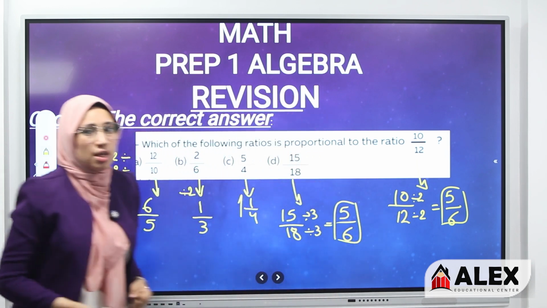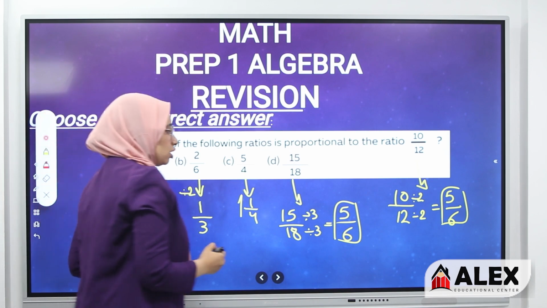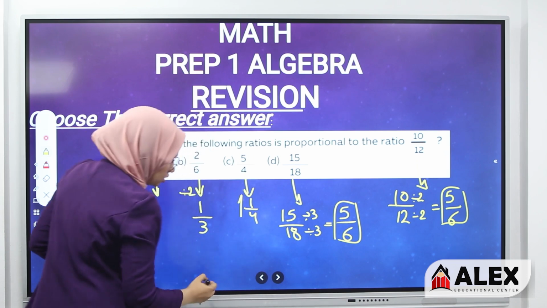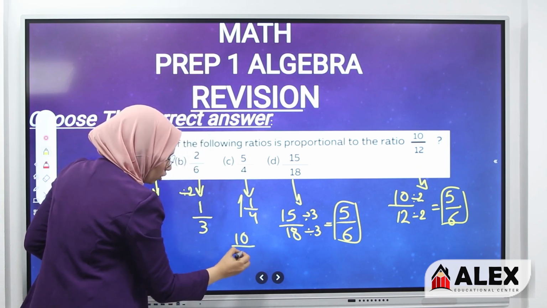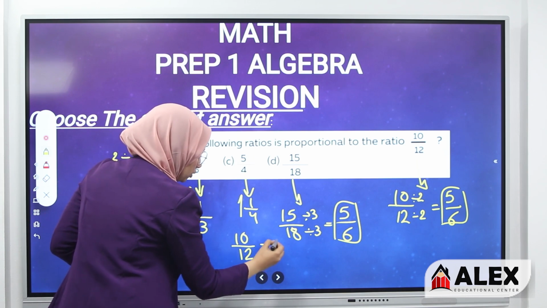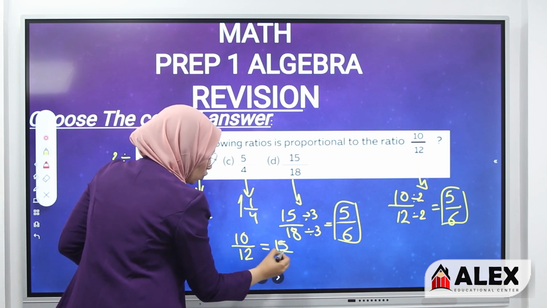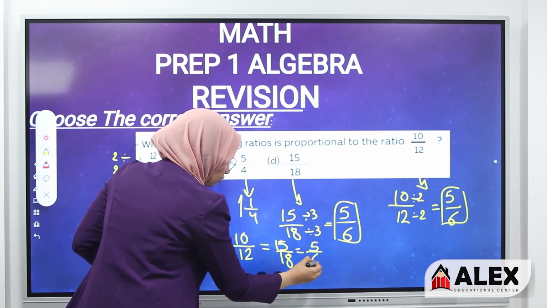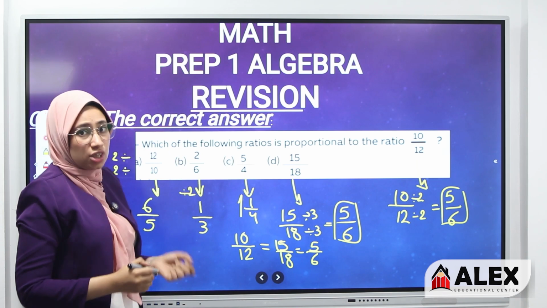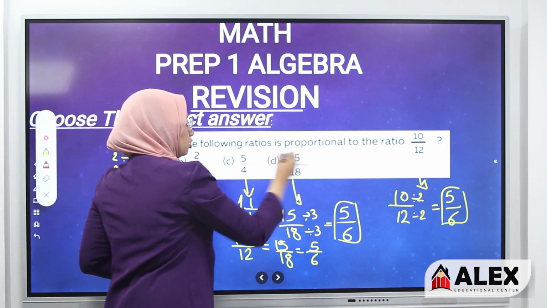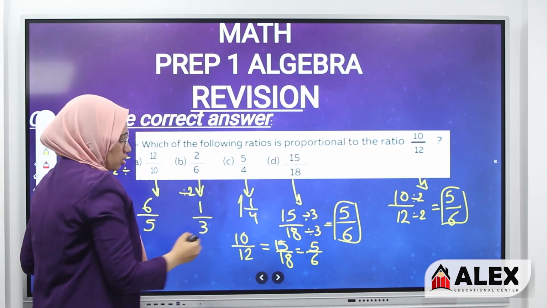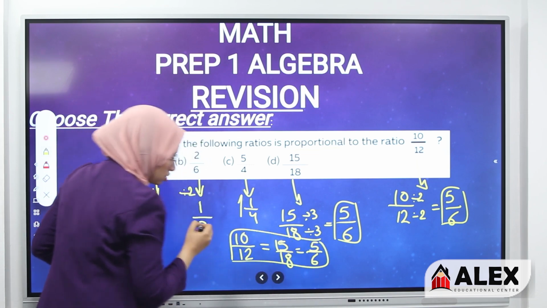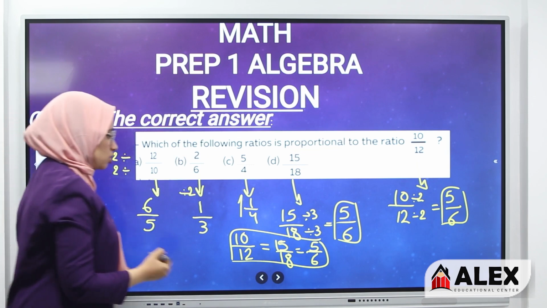That means 10/12 is proportional to 15/18, and both equal the simplest form 5/6. The definition of proportional: it is the equality of two or more ratios. Okay, the next question.